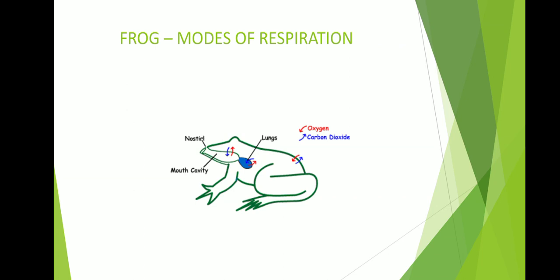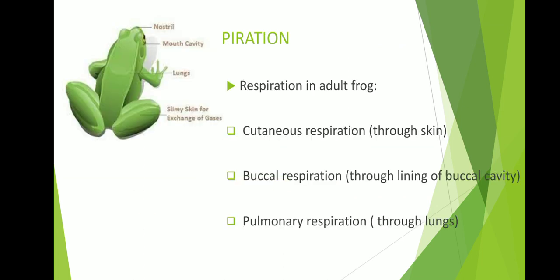In the tadpole stage, the respiration is by means of external gills. But in an adult frog, respiration is effected through moist skin. Skin means the outer surface of the skin.